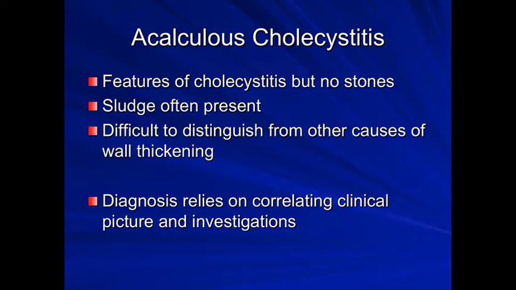Due to stasis, sludge is often present, and as we've mentioned, it's often difficult to distinguish from the other causes of gallbladder wall thickening. And a patient who has the comorbidities to cause some of those causes of gallbladder wall thickening are often the ones who are at risk of having acalculous cholecystitis.